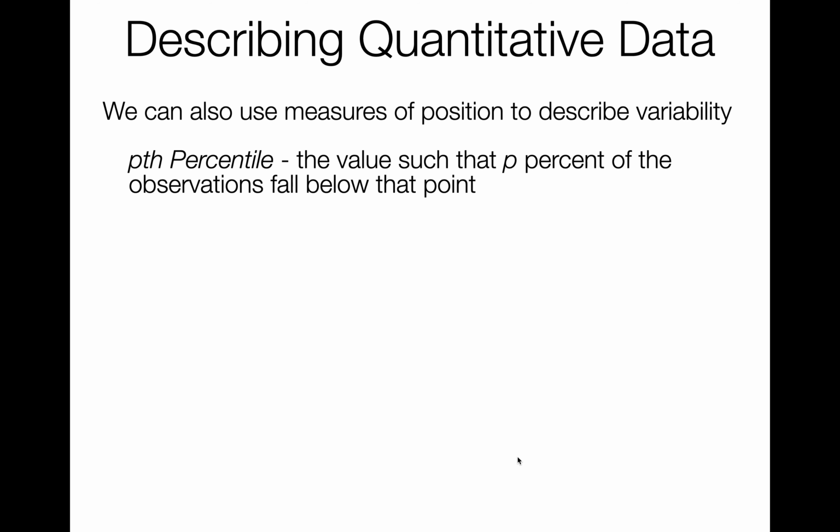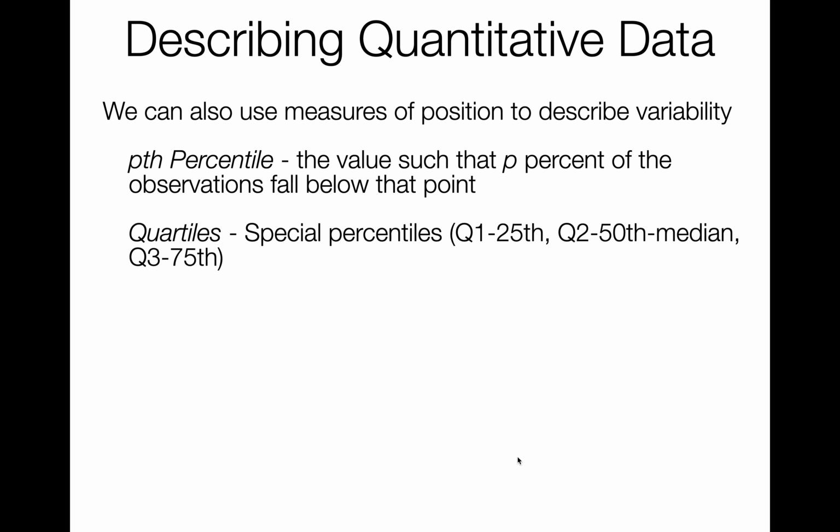So if I was in the 75th percentile in the SAT for math, that means that I did better than 75% of all people who took the test. Okay, so the percentile represents the point at which 75% of the data lies below that point. Okay, so that's a percentile.